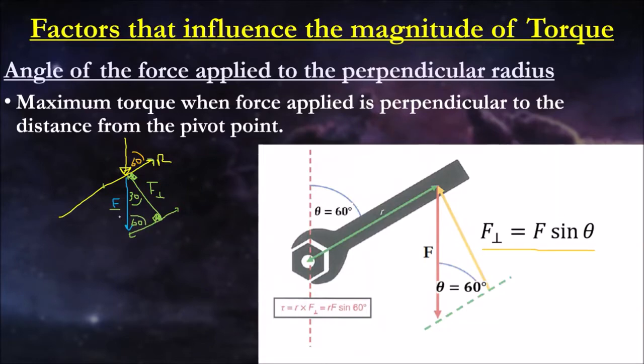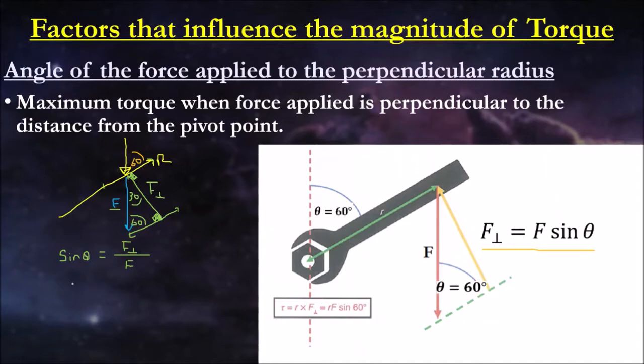If I look at the relationship between F and F perpendicular, the trig function we get is sine theta. So sine theta is equal to the opposite over the hypotenuse. F perpendicular is the opposite side, and F is the hypotenuse.